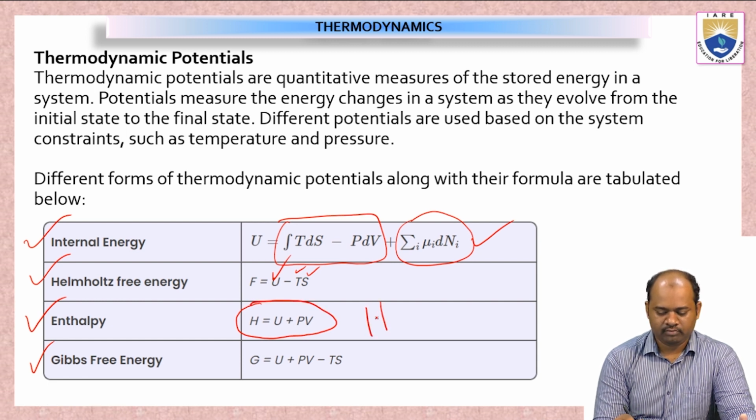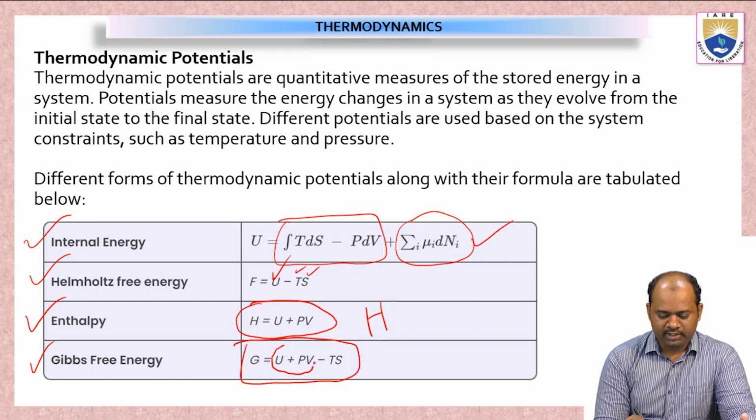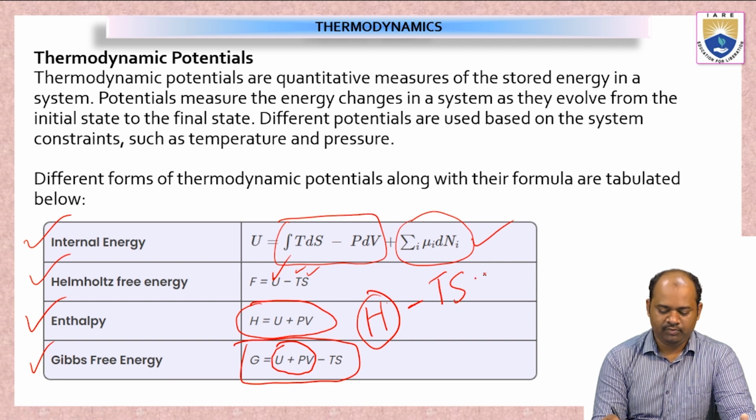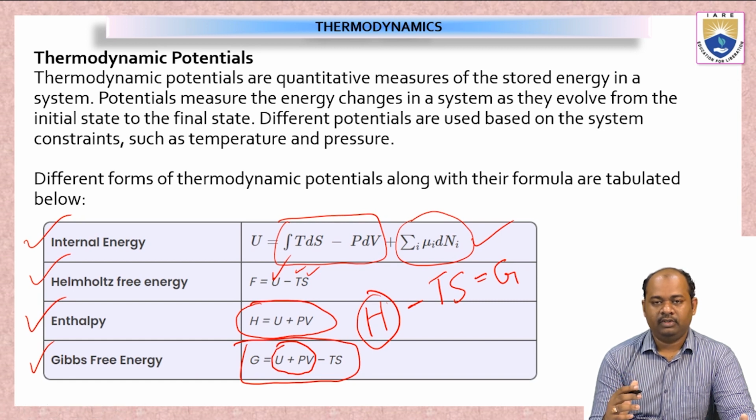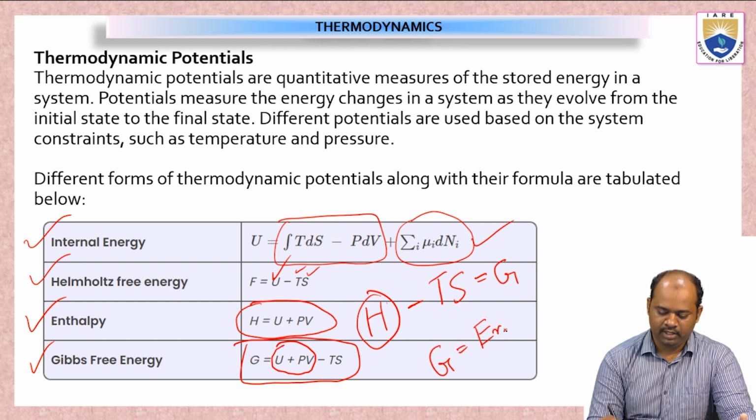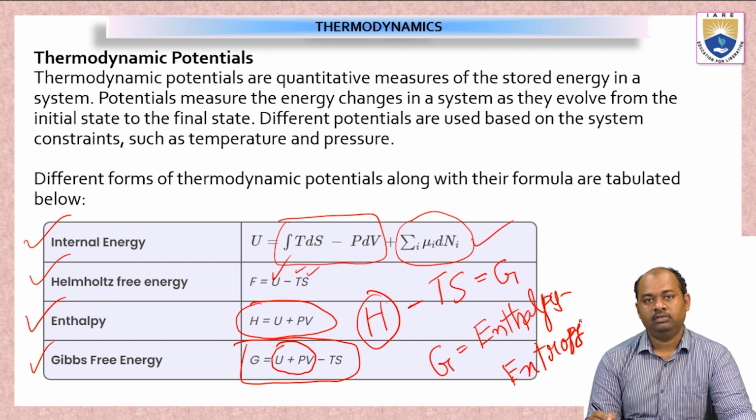In the Gibbs free energy, we have this part U plus PV, which is equal to H, minus TS, temperature into entropy. So this will give you the Gibbs free energy. We are subtracting the entropy term from the enthalpy. Gibbs free energy is equal to enthalpy minus TS. So this will give you the free energy that is available in the system.